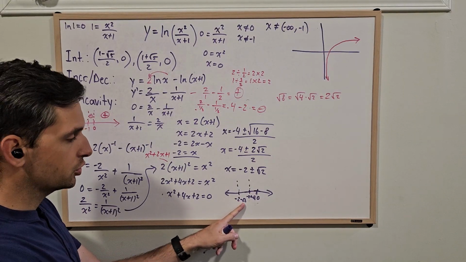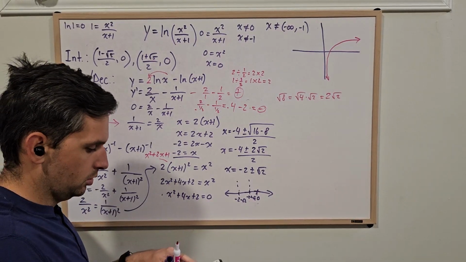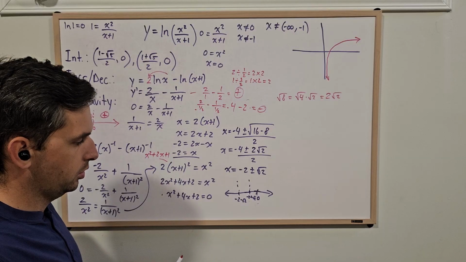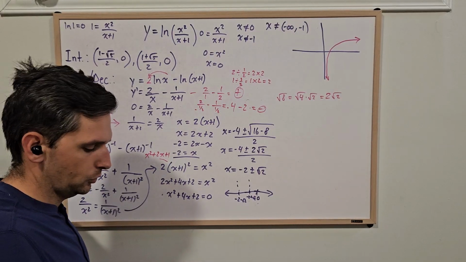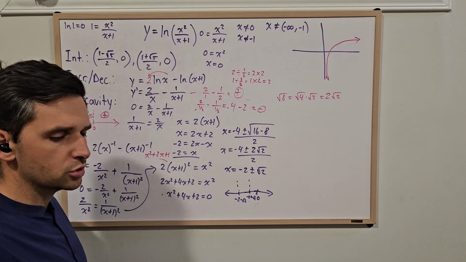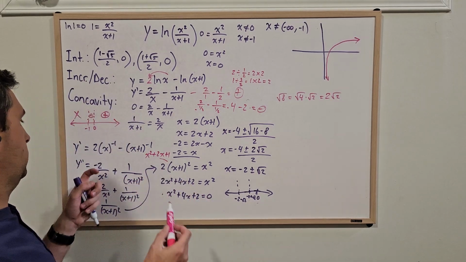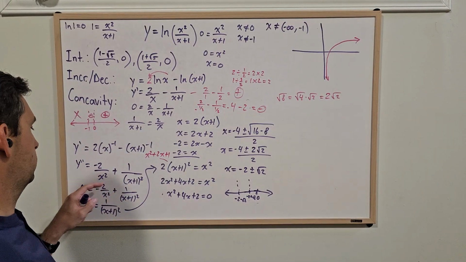Negative 2 minus root 2. Root 2 is, let's see, I believe it's 1.4. So this is going to be negative 3.41. So I'm just going to go ahead and put in negative 4, okay? I put in negative 4 into my second derivative down here, right?